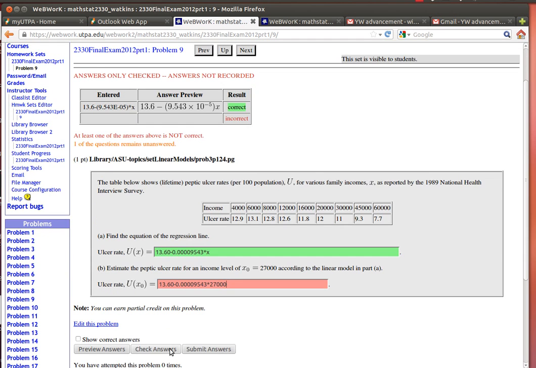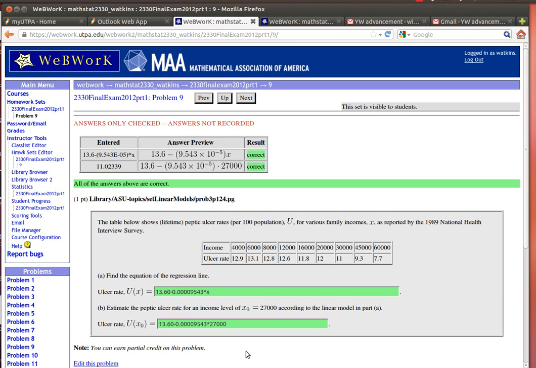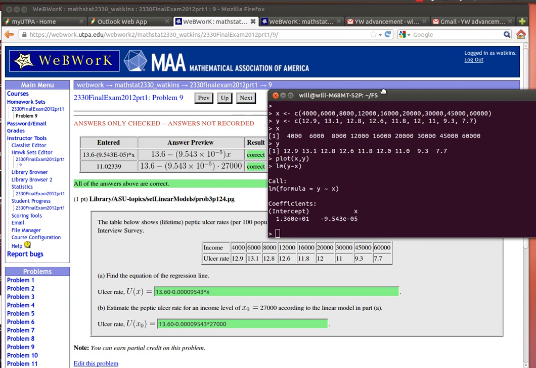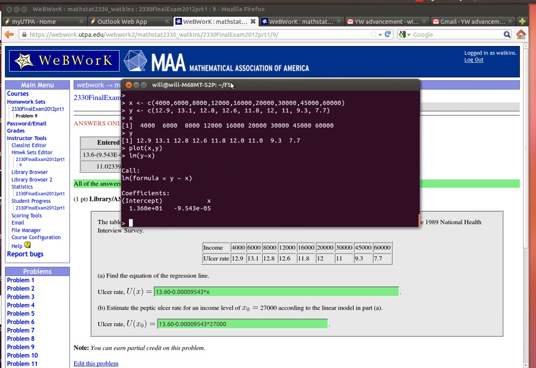So let's check that answer. Voila, it's right. So there we're using R to help us put in the data. The x value, we made an object called x and an object called y. Then we could look for the linear model. It produced that linear model, and we could use the linear model to predict a value.